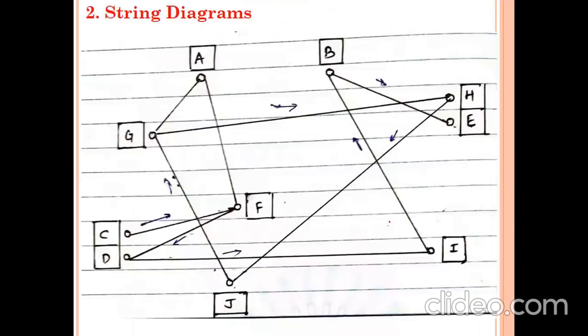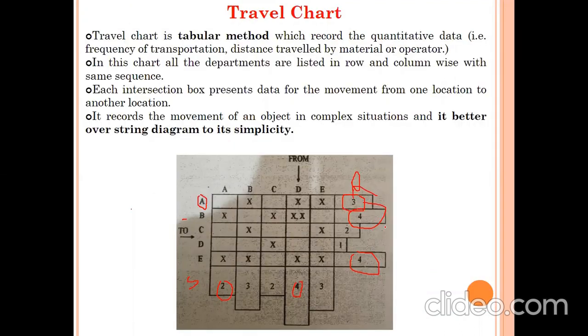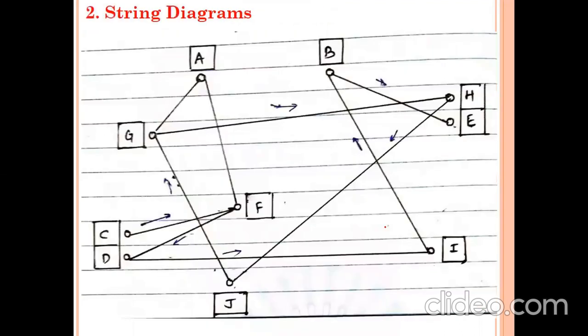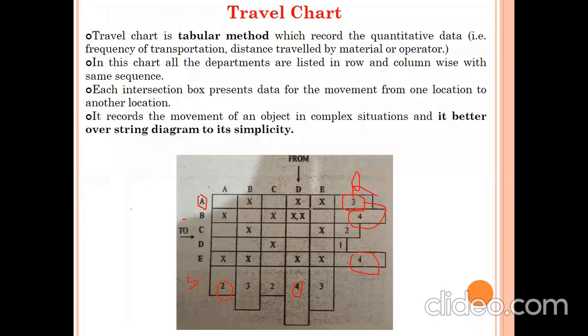So these flow diagrams and this travel chart indicate the time required to travel from one point to another point and how we can reduce that time.